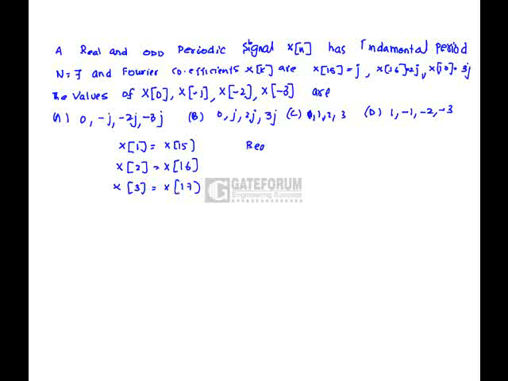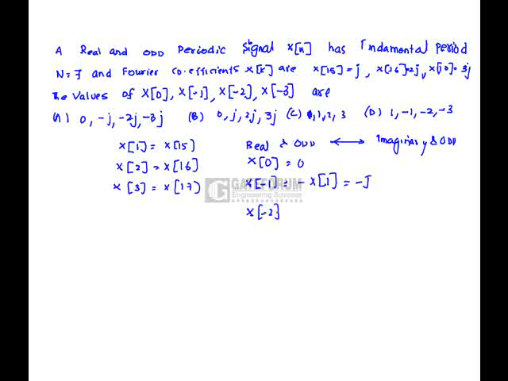But here in time domain it is real and odd. So in frequency domain it is going to be purely imaginary and odd. So x of minus 1 is going to be minus of x of 1, which is equal to minus j. X of 0 is going to be 0.